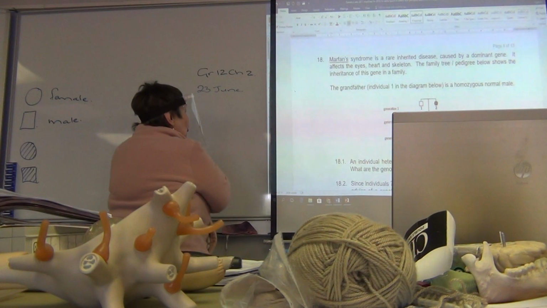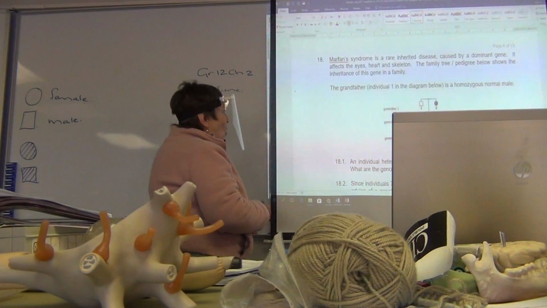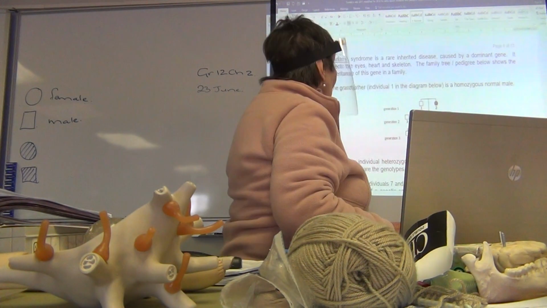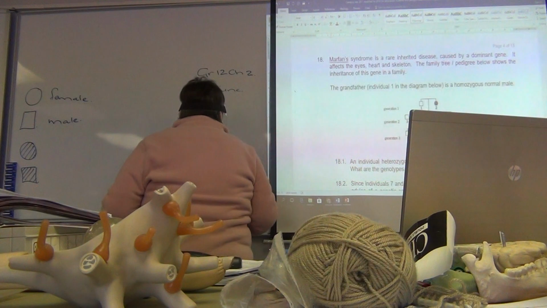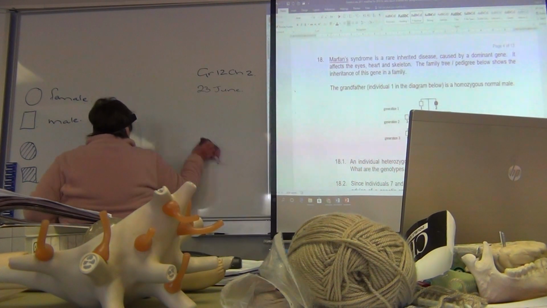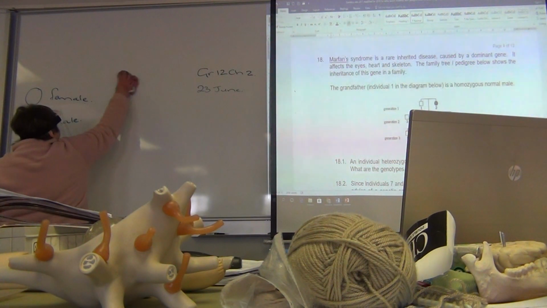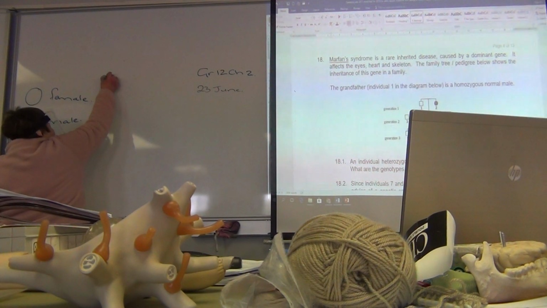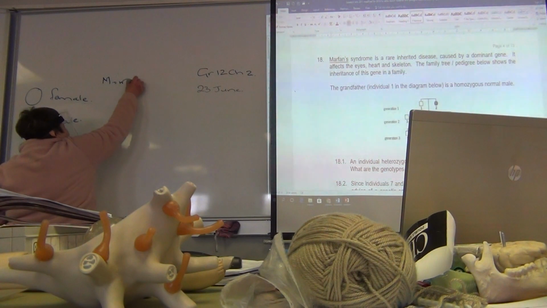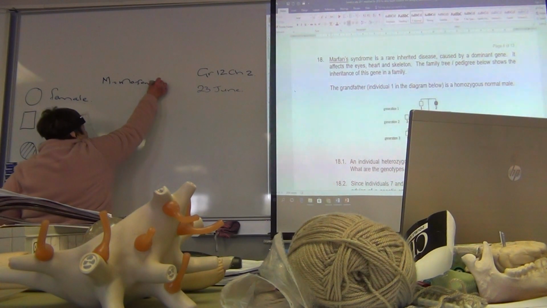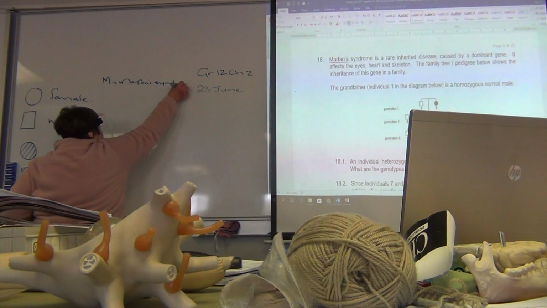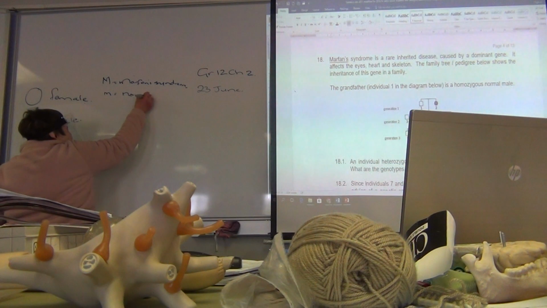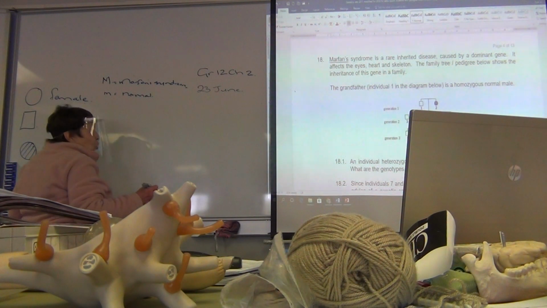So, the grandfather, who's individual 1, is a homozygous normal male, and it tells you that it's caused by a dominant gene. So, the symbols you would use in these problems is capital M represents Marfan syndrome, and lowercase m represents normal for Marfan syndrome.